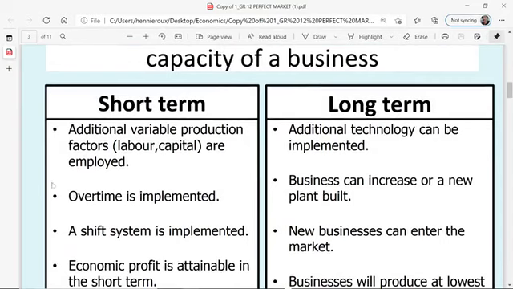So in the short term, additional variable production factors such as labor or capital are employed, right? What we're saying is that the short term is normally the time when you have one factor of production that will become a variable, and that is merely to increase your production capacity quickly.